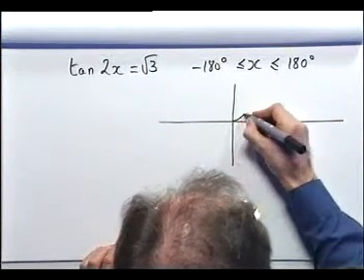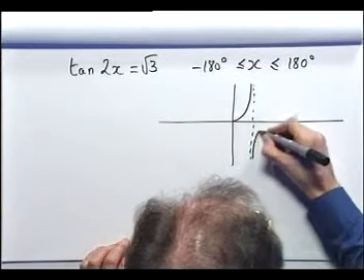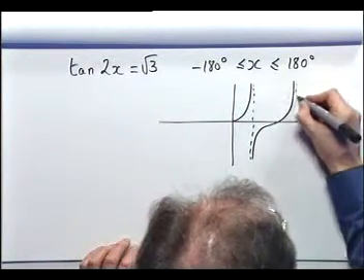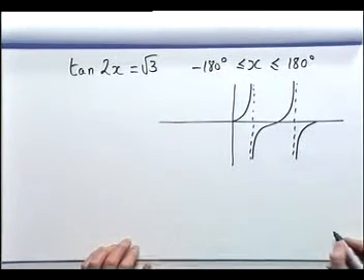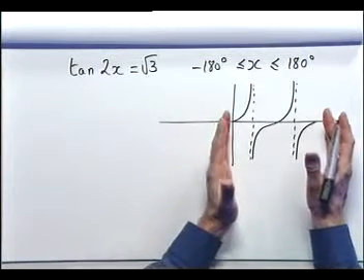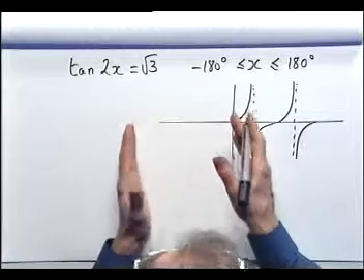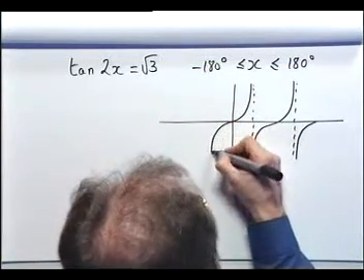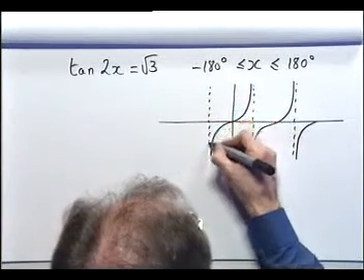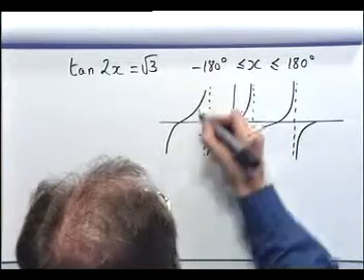So if we take the bit between naught and 360, which is that bit of the curve, we need a copy of that between minus 360 and 0, because again the tangent function is periodic. So we need this bit. So we need that.